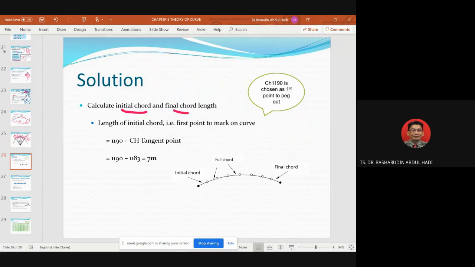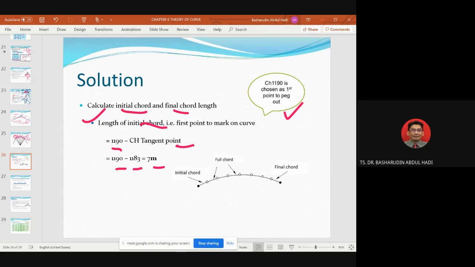So the length of the initial chord for the first one: the first point to mark on the curve. We take JNH 1190 as the first point to pack out. So 1190 minus JNH tangent point at 1183 equals 7 meter.